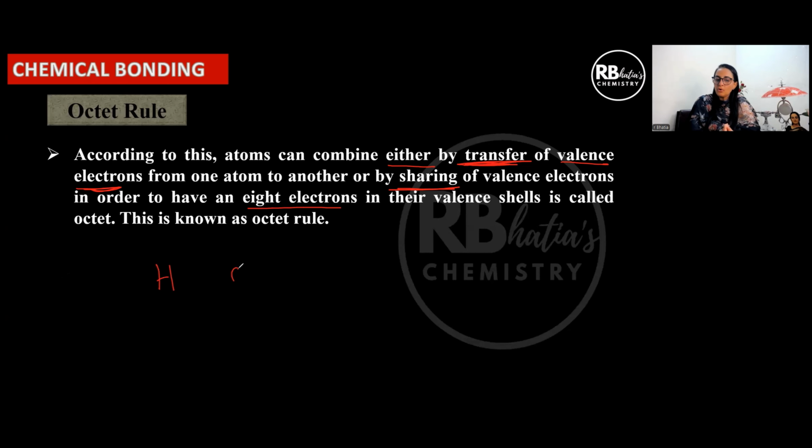So what is the basic requirement for every atom? Let us say I'm talking about hydrogen and chlorine. This has 1 electron and this has 7 electrons. I'm showing different symbols just to differentiate between two different atoms.